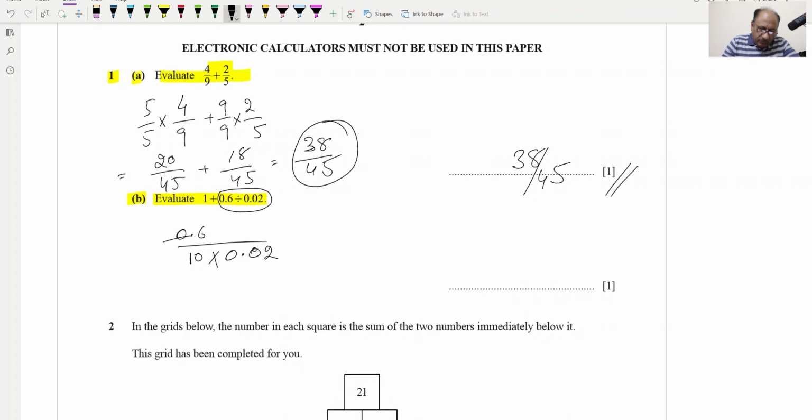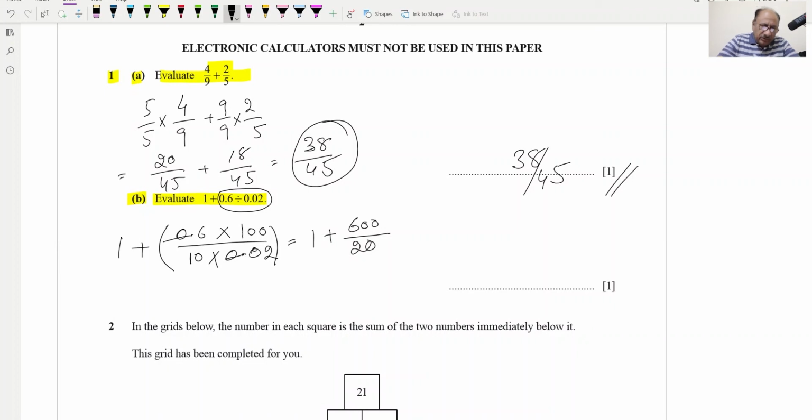And for removal of the decimal in 0.02, we write 1 above the decimal, and for each digit we put 0, and this is how we can remove this decimal also. Now 6 multiplied by 100 will be 600, and divided by 10 into 2 will be 20, so we can write here 20.